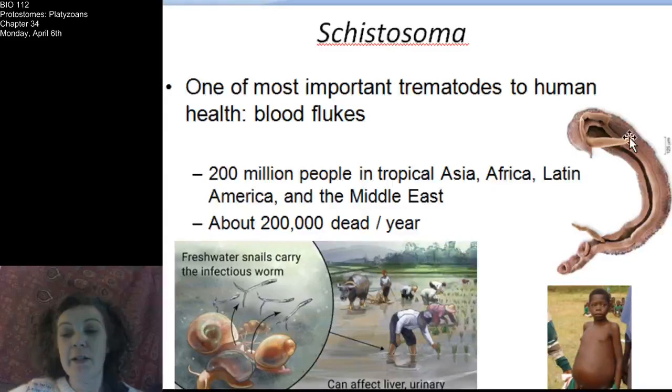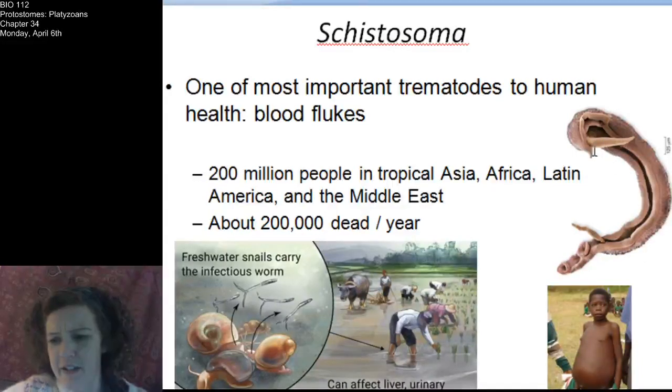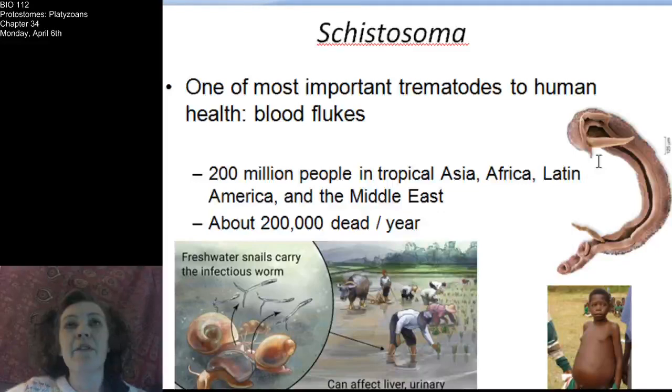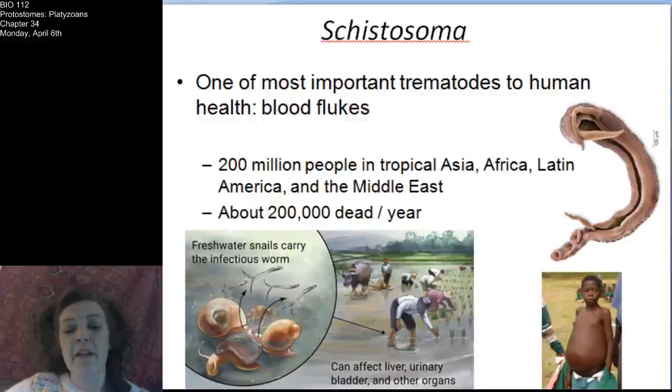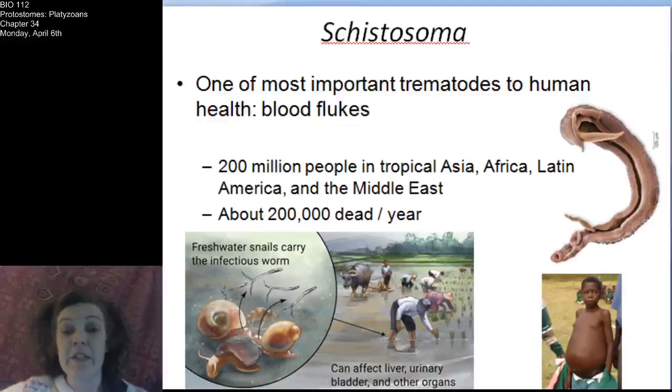All right, let's talk about blood flukes. So here you have Schistosoma. This is actually a schistosome. These are schistosomes mating, right? So the blood flukes, these are a big problem for humans. They cause schistosomiasis, and they're especially a problem in tropical countries.